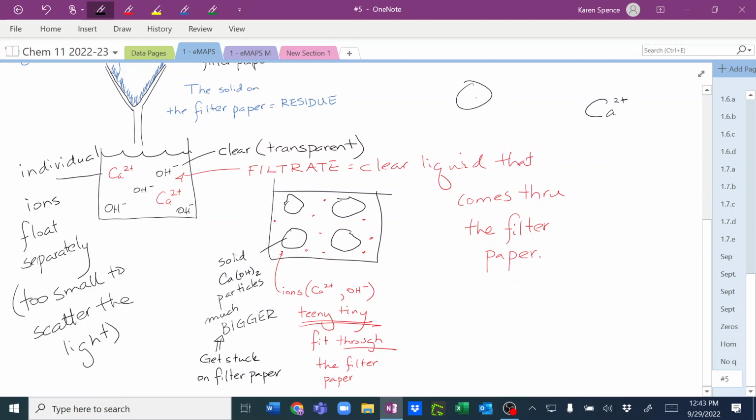This is the oxygen. It is what we call slightly negative. That little d is the Greek letter lowercase delta. You are familiar with the triangle for delta, that's the capital delta. This is a lowercase delta, and it means slightly or partially.